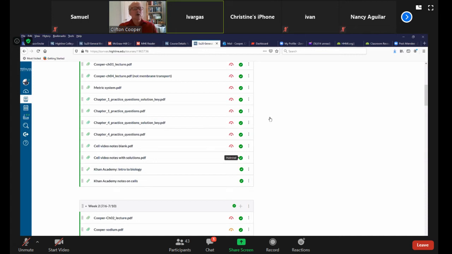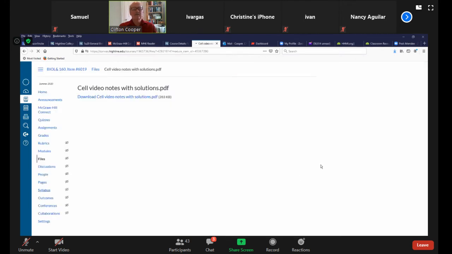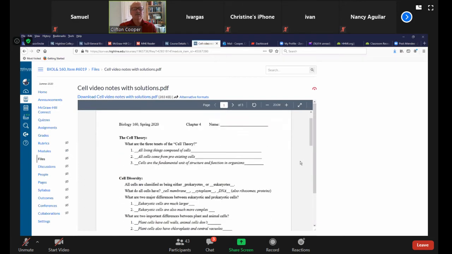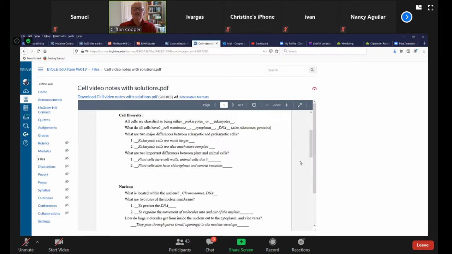Okay, so what I've just done is I just made visible for both sections where I have the notes with solutions. So I was giving this question. Now let's take a look at where you can actually see the solutions to those questions right here. So there I've got my answers in italics.